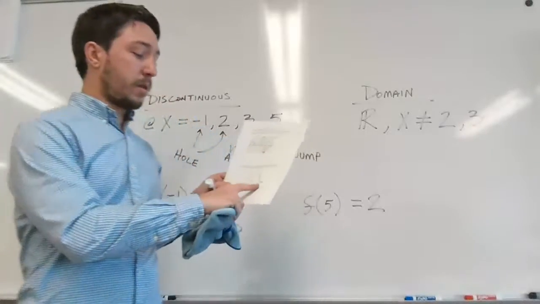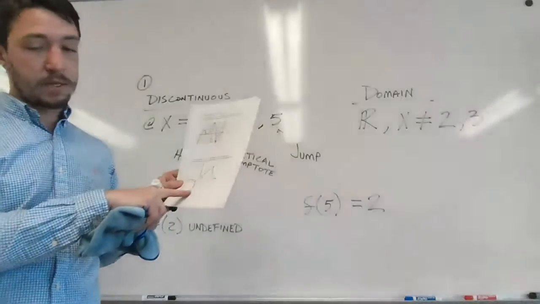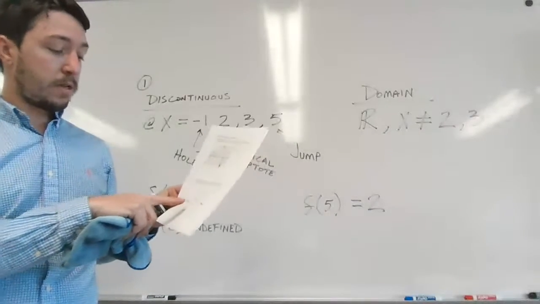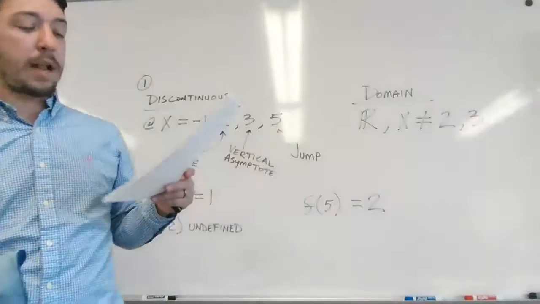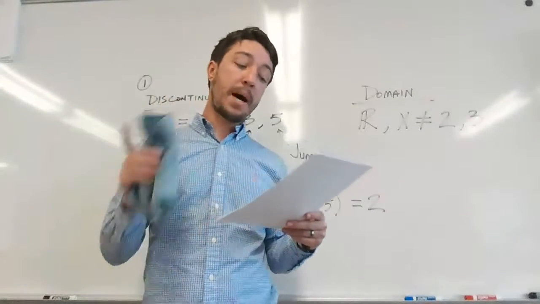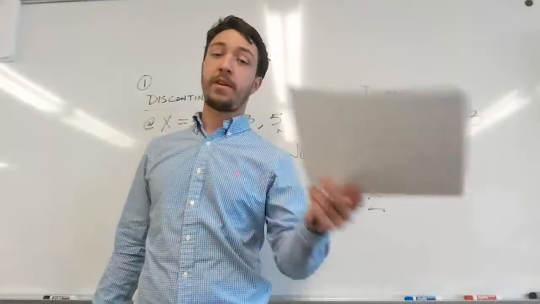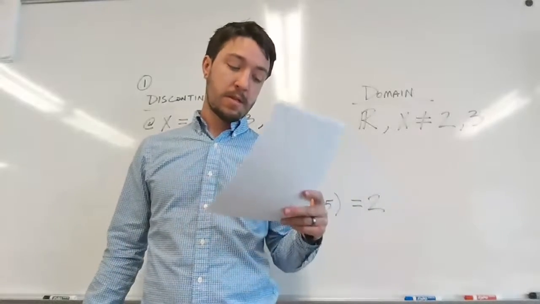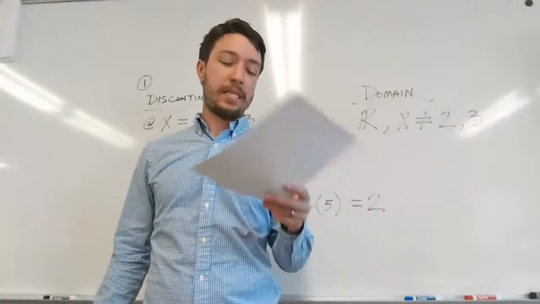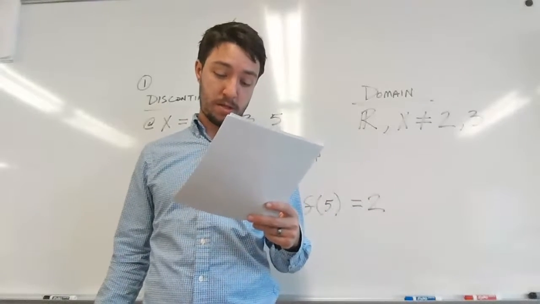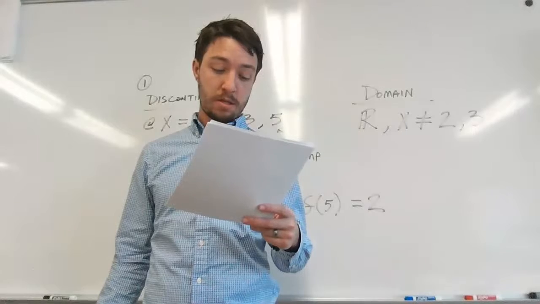The three discontinuities are a vertical asymptote at -2, a jump at 0, and a hole at 3. But the domain of the function is different. What x values are not in the domain of the function?